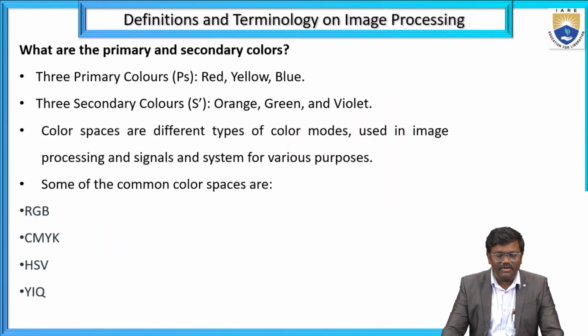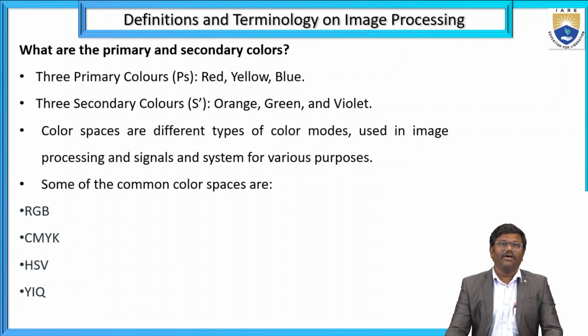So you see here what the primary and secondary colors are, which we can identify for defining the meaning of primary color and the meaning of secondary color. Suppose somebody asks you what primary colors mean, or how many primary colors we can use for image processing, or what the secondary colors are in image processing.